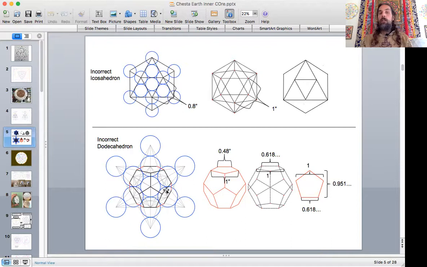Same thing with the dodecahedron. Drunvalo really popularized Metatron's cube with this back edge. And as I showed in that video, this back edge would be 0.48 inches if this is 1 inch. That's quite a big difference from 1 inch to 0.618, right?